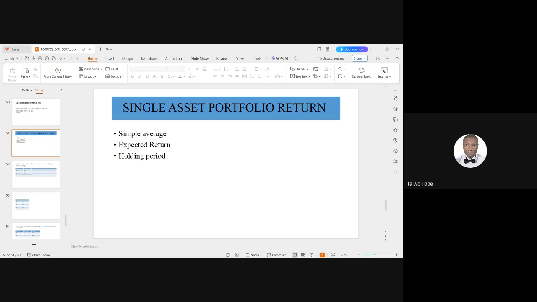The portfolio return is the weighted average of the individual returns, just as we looked at in our last class, where portfolio return is the weight of asset A multiplied by the return of asset A, plus the weight of asset B multiplied by the return of asset B, and so on.